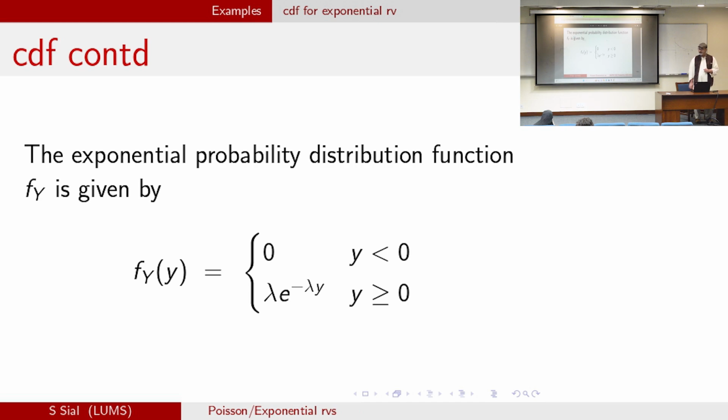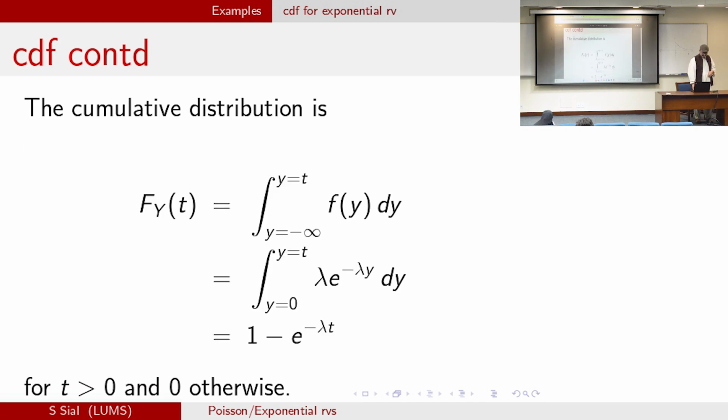I don't bother integrating from minus infinity to 0 because that's unnecessary. Remember, for PDFs I'm using small f, and for CDFs I'm using capital F. So the CDF for y evaluated at t is the probability that y takes values from minus infinity to t, so I integrate the PDF for y dy from minus infinity to t.